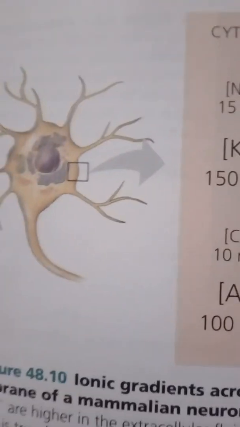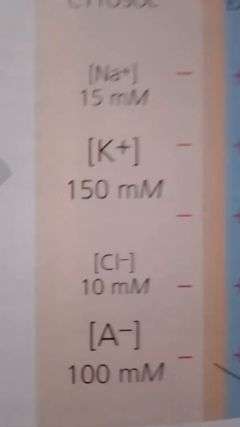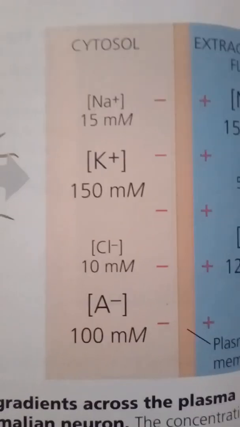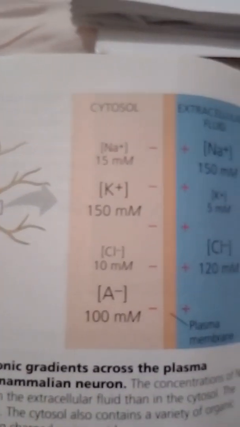In mammals, for example, the extracellular fluid has a sodium ion, Na+, concentration of 150 millimolar, and a potassium ion, K+, concentration of 5 millimolar. One millimolar is 1 millimole per liter, equal to 10 to the power minus 3 moles per liter.